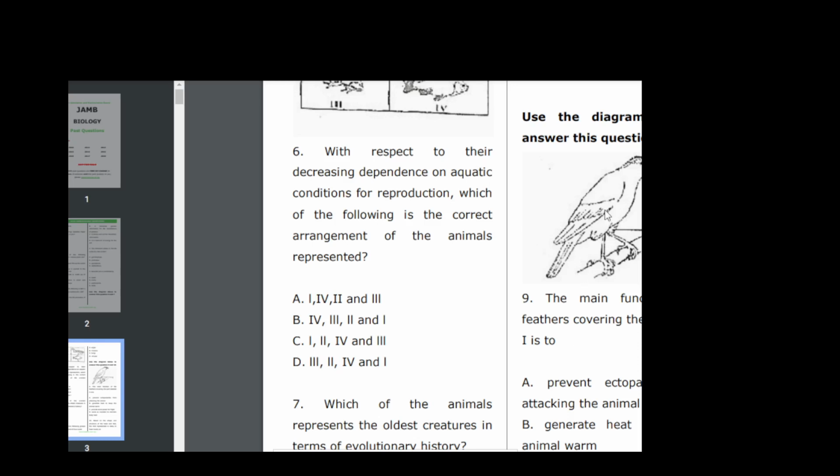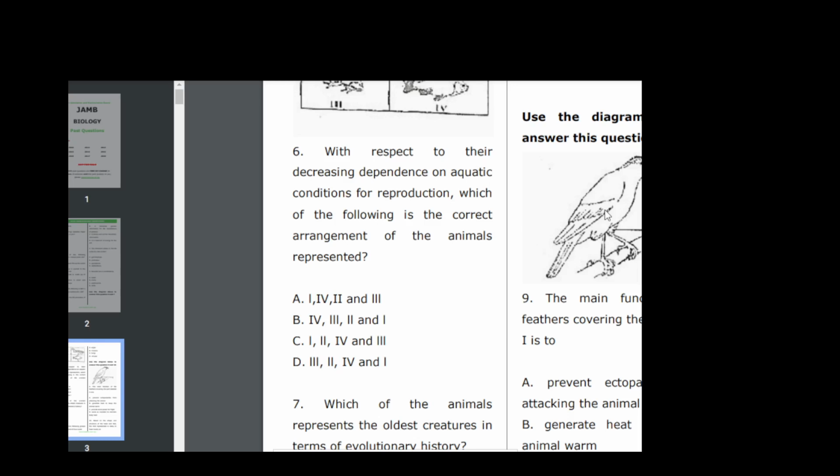Now, we have different types of feathers. We will quickly look at the types of feather that we have as well as their functions, their description, their function, and their position in the body.